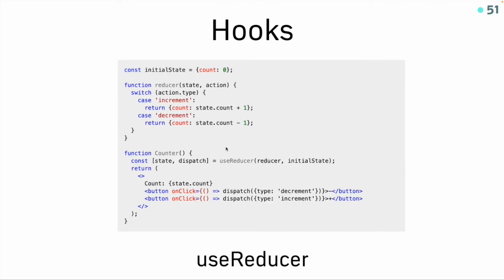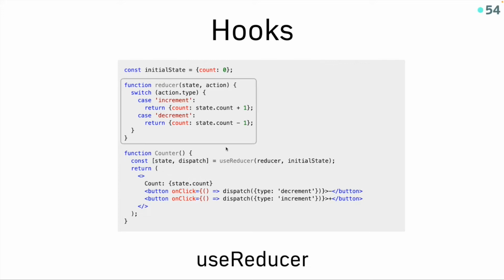Then another more complex hook is the useReducer hook. It's for more complex state, if you have nested state, or a state that depends on the previous state. For counters, for example, it's useful. You call useReducer, where you pass a reducer, which we'll see shortly, and the initial state. And you get two variables in an array, which are the current state and a dispatch function.